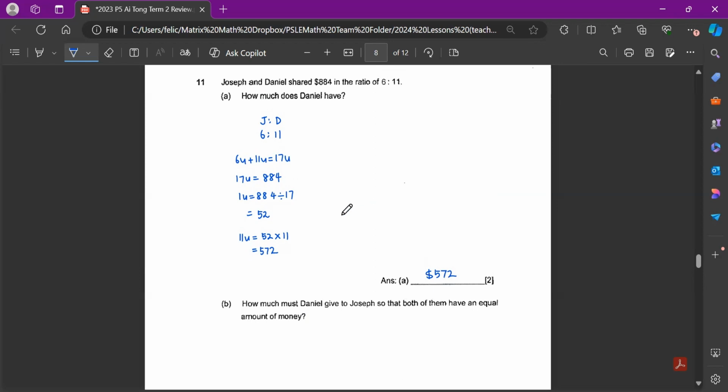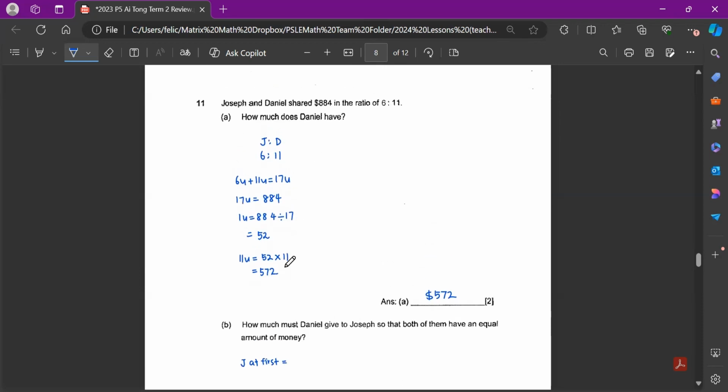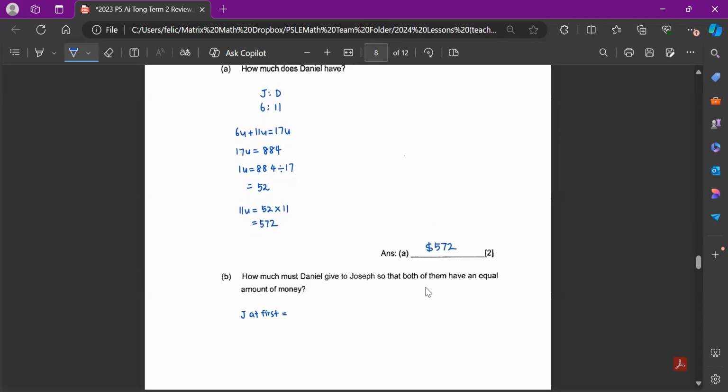All right, so I'm going to work out Joseph also. So Joseph at first will be simply 884 minus what Daniel has, 884 minus the 572, will be $312.